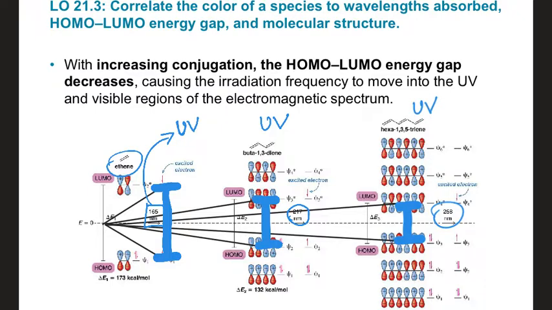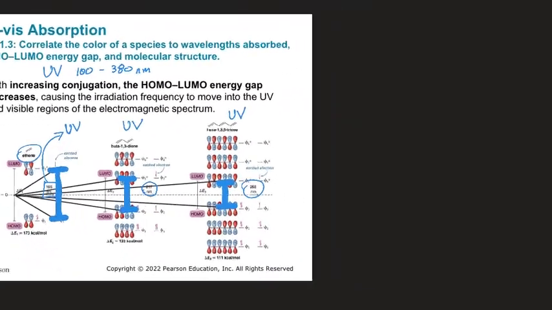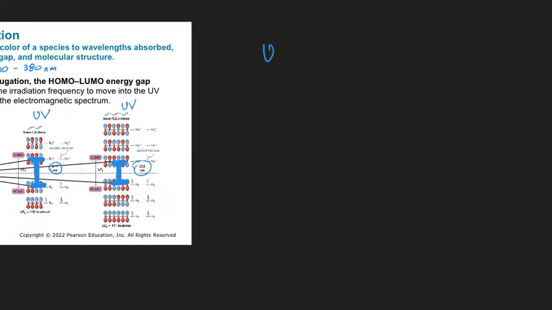For what it's worth, UV light ranges from 100 to 380 or sometimes 400 nanometers. And you've probably heard of the UVA. Let me write this correctly. There's the UVA region, the UVB, and the UVC parts of the spectrum. The UVC is from 100 to 280 nanometers.